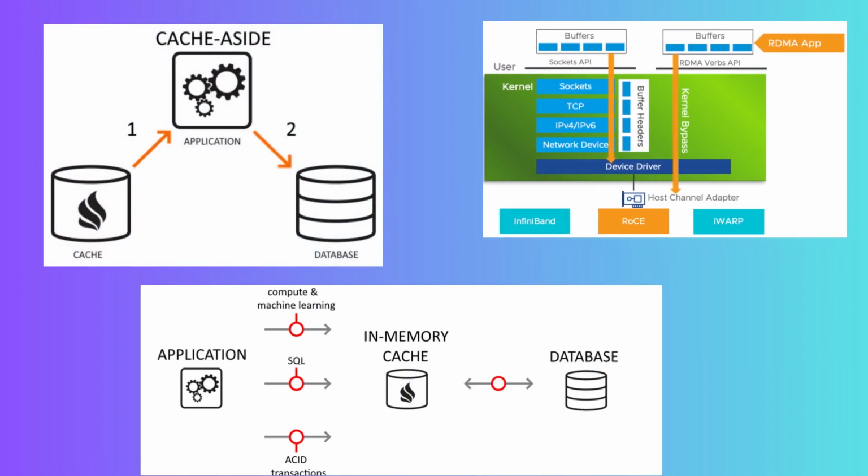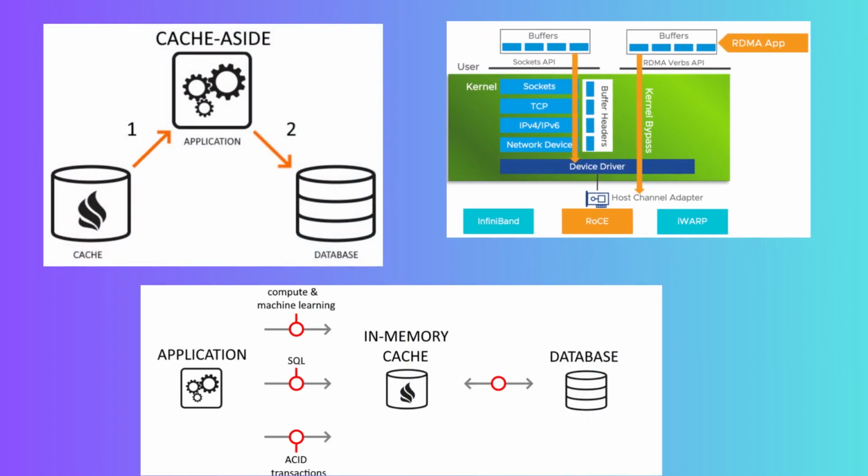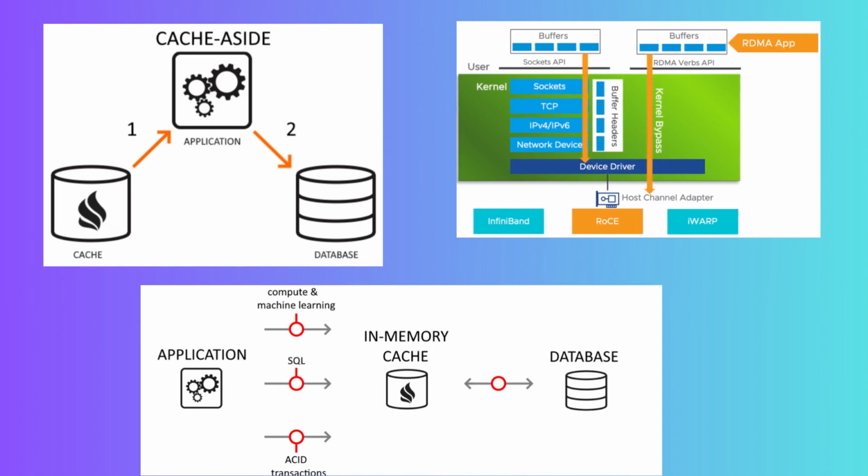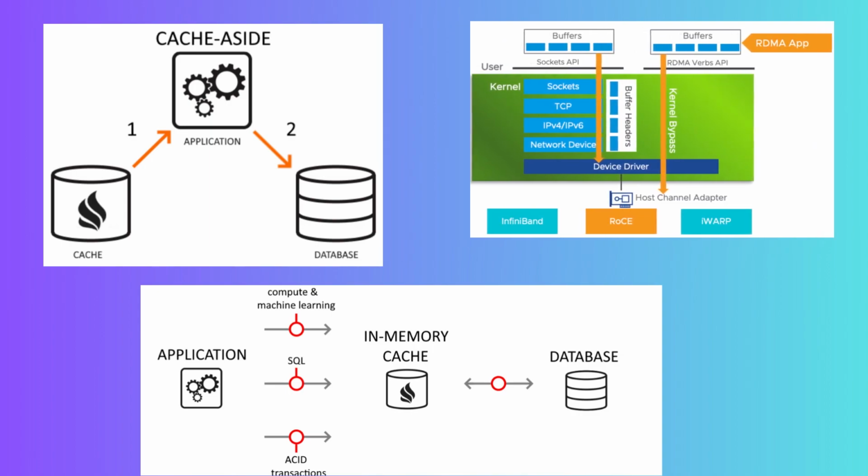Okay, any in-memory technology that uses RMA and DRMA? Yes, there are several in-memory technologies that use RMA and DRMA to enable high-performance data processing. These technologies are designed to keep data in memory for fast access and processing, rather than accessing the data from slower storage devices like a disk or SSD.